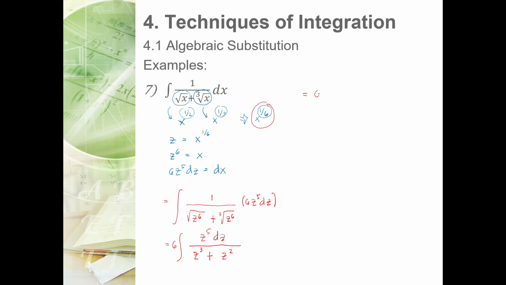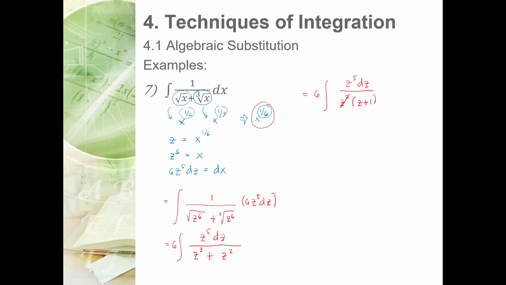Okay, simplifying the denominator, we can factor out z squared. So z to the power of 5 dz all over z squared times z plus 1.